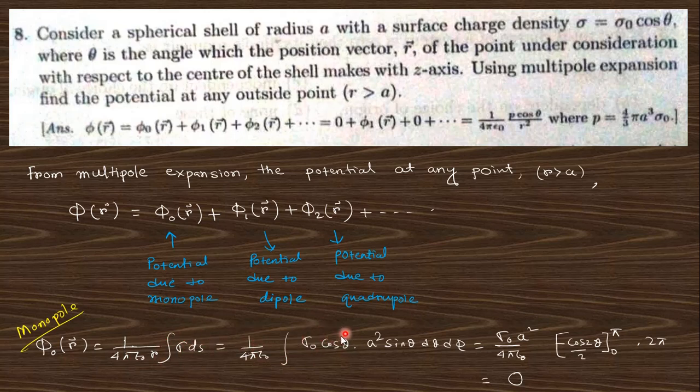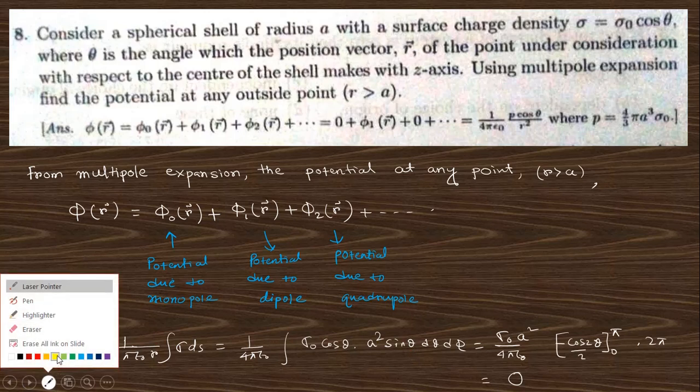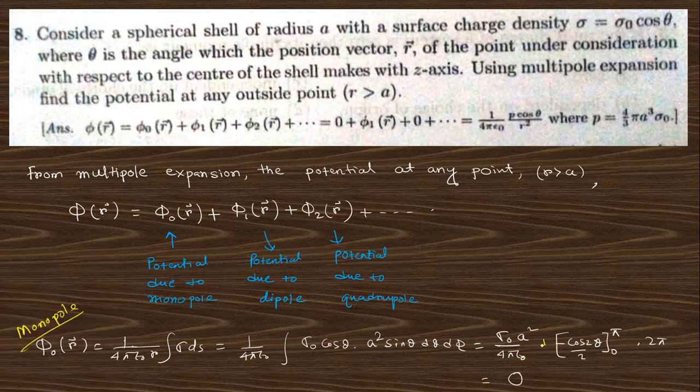Put in the value of sigma, and ds is a square sin theta d theta d phi, the surface element in spherical polar coordinates. If you integrate, sigma 0, a square and 4 pi epsilon naught are constants, leaving sin theta cos theta, which is half of sin 2 theta. The integral of sin 2 theta is minus cos 2 theta by 2. Putting in the limits, cos 2 pi is 1 and cos 0 is also 1, so this gives 0. Finally, you get 0.